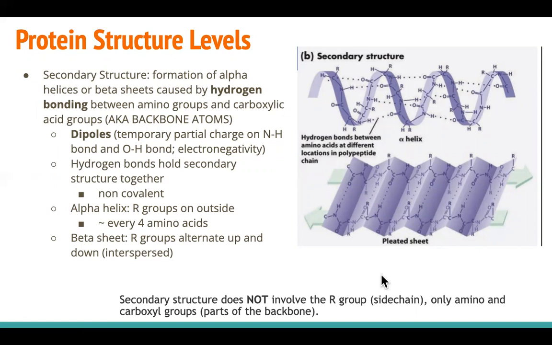I think that's a valid question. When you think of secondary structures, the things that are bonding are your backbone structures, right? So the amino groups and the carboxyl groups, and then your R groups that are interchanging.